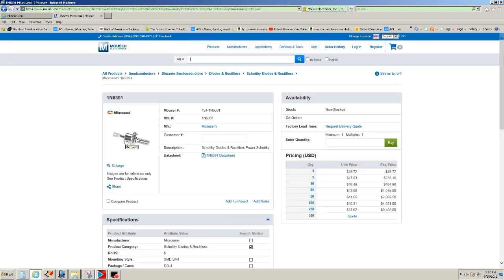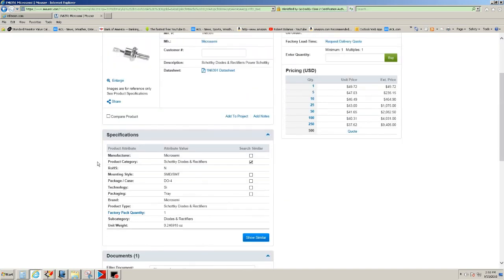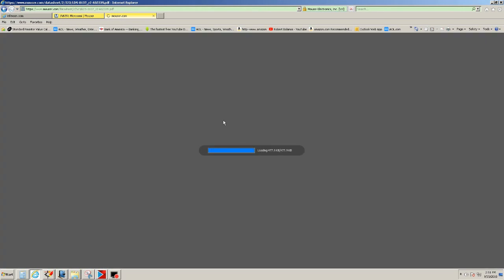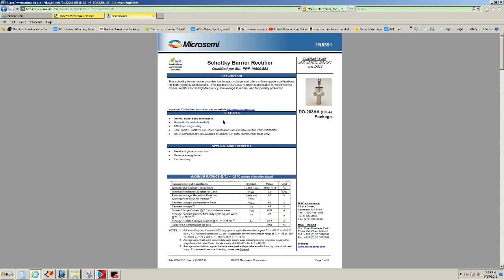That's a huge diode. Let's take a look at the spec. Mind you, I'm designing for 3.3 volts at 10 amps, so this would probably be a suitable diode. It's a Schottky, first of all, which is fast.